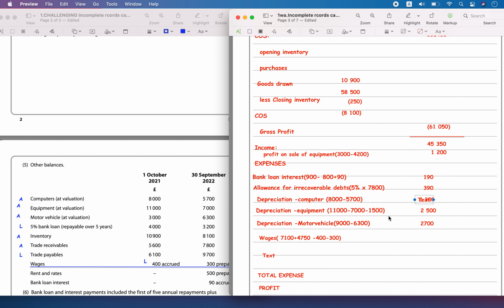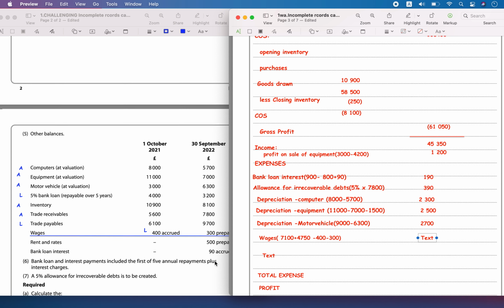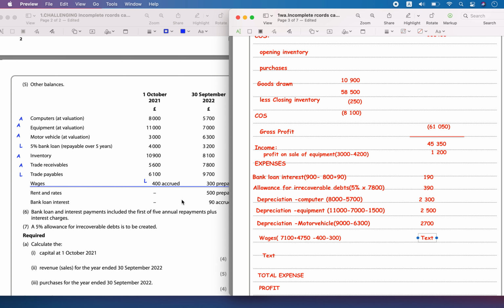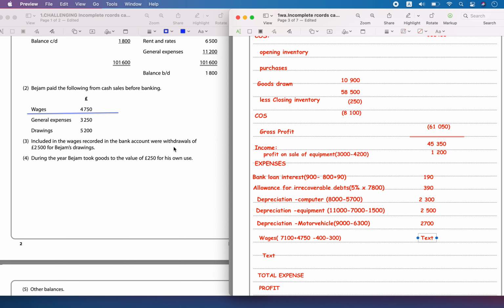So then we will have the actual wages paid: 7,000 plus 4,750 minus 400 minus 300. And is there any other information about the wages? We have to just check.